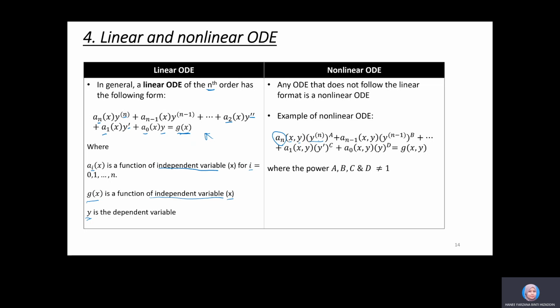And if you see the derivatives to the nth order raised to the powers a, b, c and d that are not equal to 1, then it's non-linear. And if the function a involves more than one variable, both x and y, both independent and dependent variable, then it's non-linear. As simple as that.